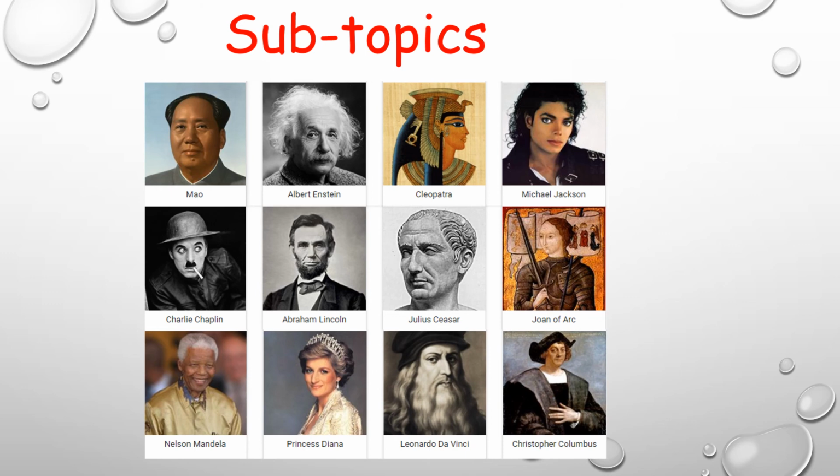For example, Albert Einstein, Michael Jackson, Charlie Chaplin, Abraham Lincoln, Nelson Mandela, Princess Diana, Christopher Columbus. There are lots and lots of different famous people that you could have chosen. You may have had celebrities, you may have had your favourite singers, your pop stars, your footballers. There were lots of people you could choose from as your subtopic. Well done.